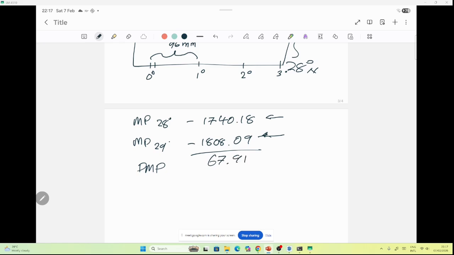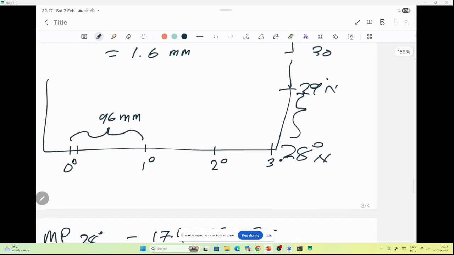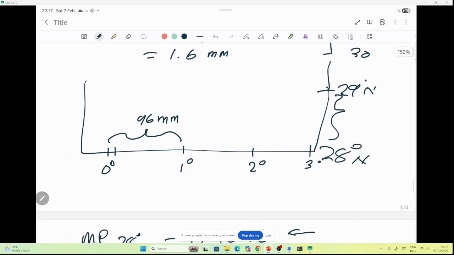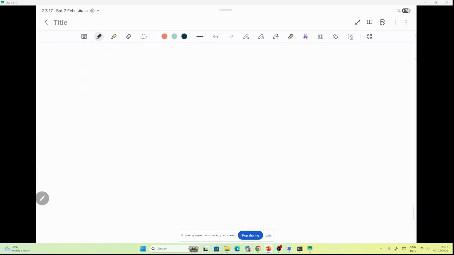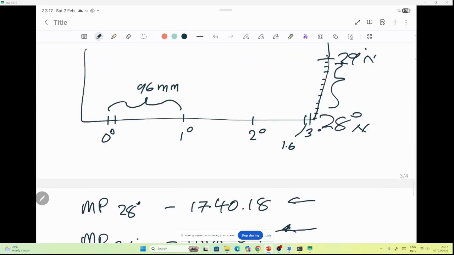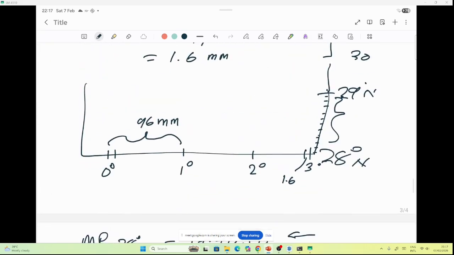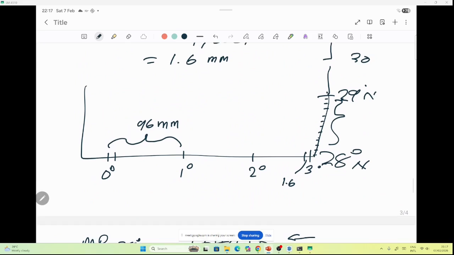That means, in simple terms, now we know 1 minute is 1.6 millimeters. So there are 67.91 of these 1.6 millimeter units from 28 to 29. Multiplying 1.6 by 67.91 gives the height.